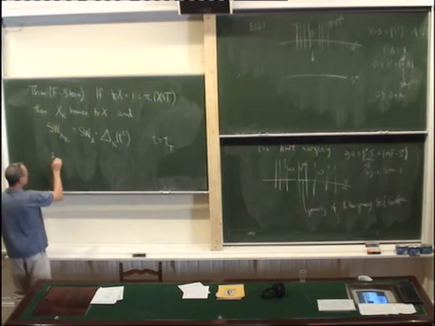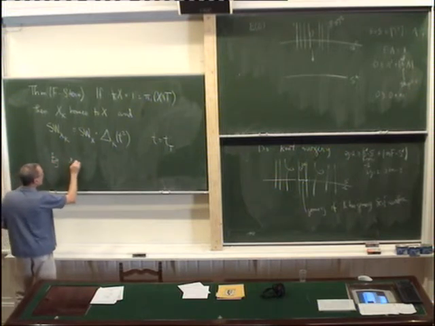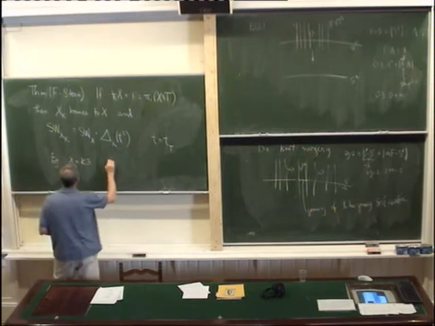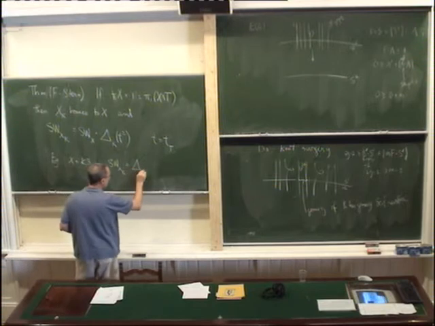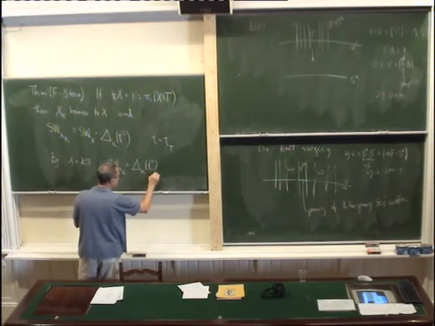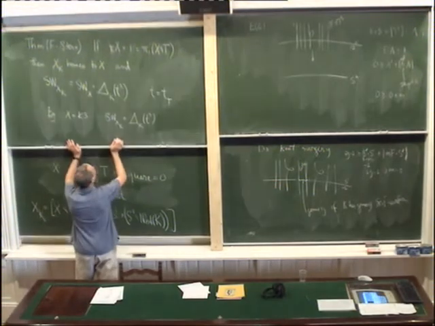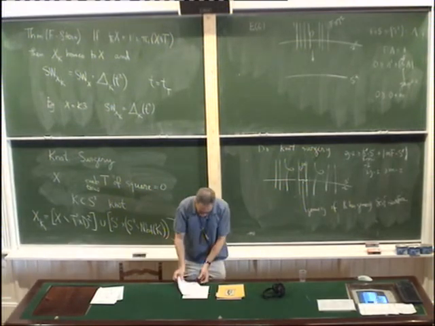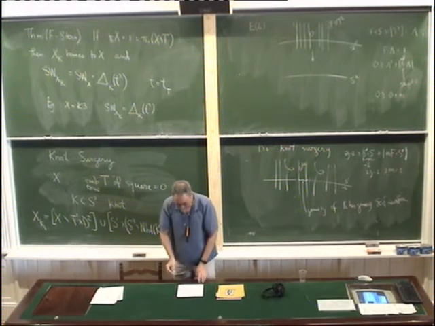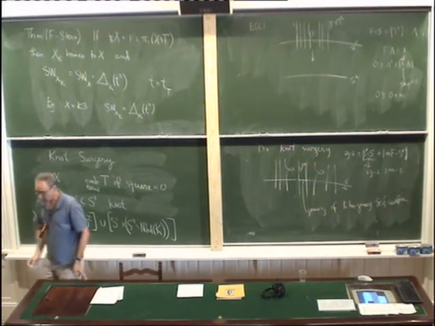So, for example, if X equals K3, then the Seiberg-Witten invariant of X_K is the symmetrized Alexander polynomial. Okay, so what I'd hoped to do today, and I still do, is to at least give you some ideas on how you prove this.